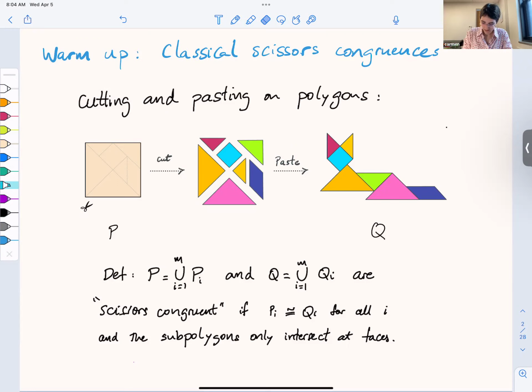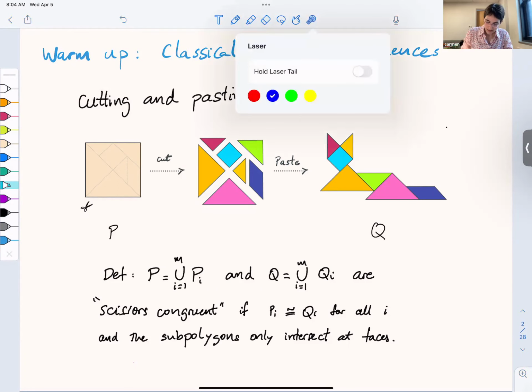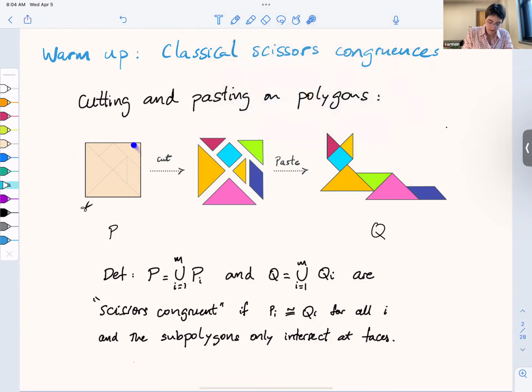What I have on this slide is really a very classical problem. In the first picture you have a cut and paste operation. So how does this work? Well, first of all, we start with a certain polygon, and then we decide to cut it in a certain way, into different sub-polygons. Once we do the cutting, you rearrange those pieces and put them back together.